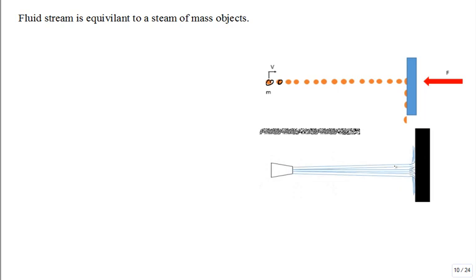So basically, just like what we worked out, that average force is the mass of the object times that linear speed, which is going to be brought to rest. So that's the linear momentum of the object striking that plate divided by the time increment between them. That's just mass flow rate times v. So if I had a fluid stream and I knew its velocity impinging on the plate, and I know the mass flow rate, how many kilograms per second, then I could tell you what is the force needed to hold that plate stationary. Isn't it just m dot v? It is.